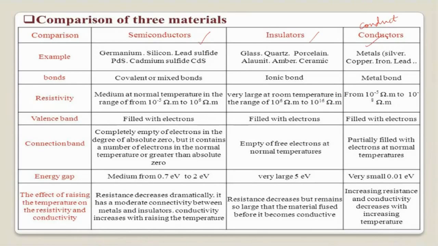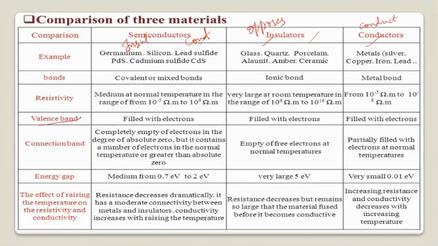Whereas an insulator is a material which opposes the flow of current. Whereas a semiconductor is a material which can be used as an insulator or as a conductor, depending upon the electrons present in the outermost orbit of the material.